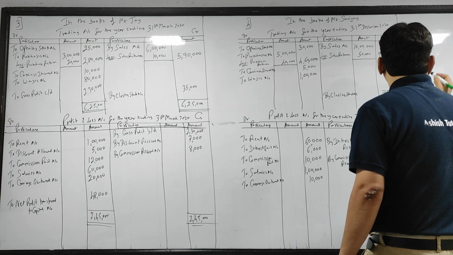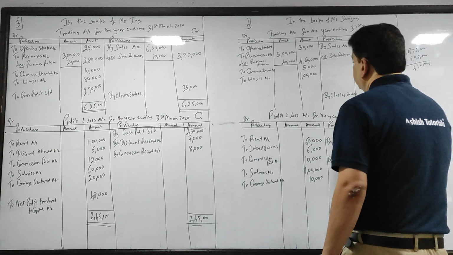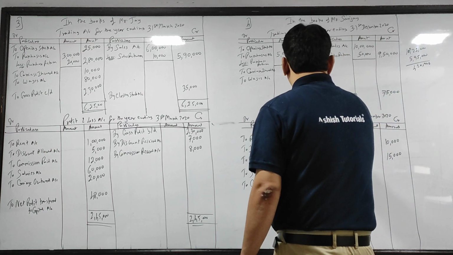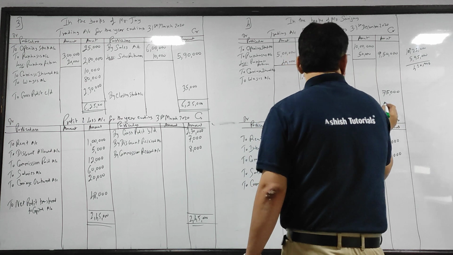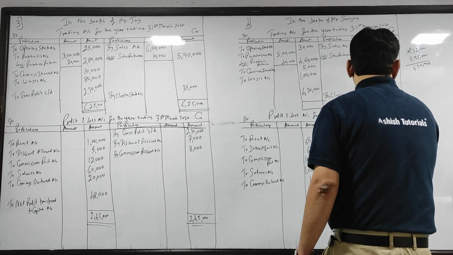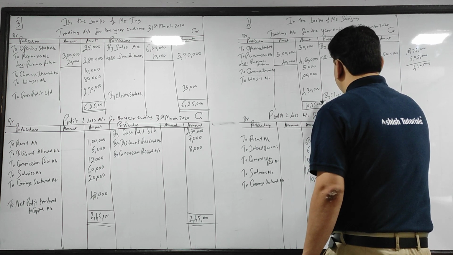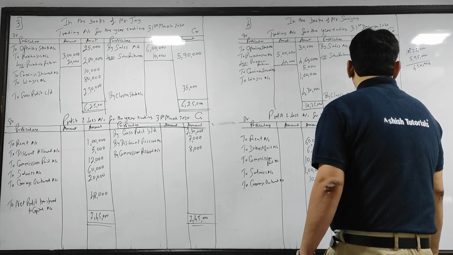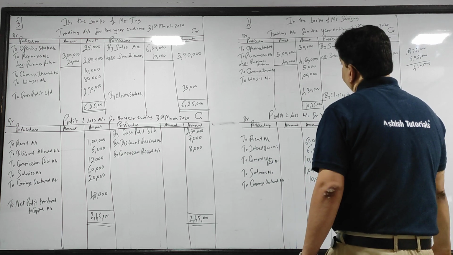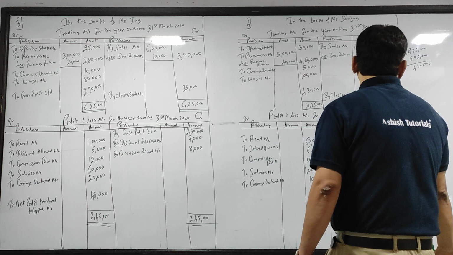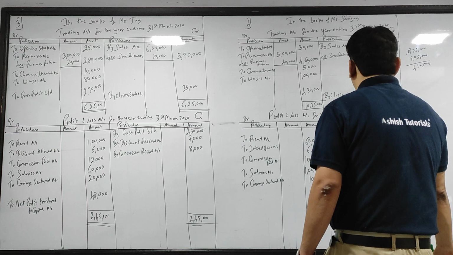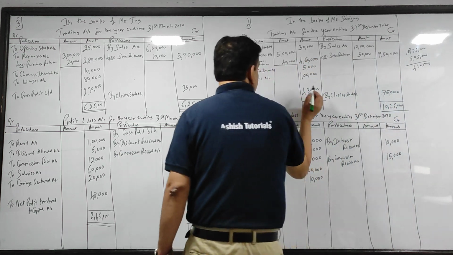So the difference is 430 and the total is 1020. Okay, let me check. 460, 560, 590, 595. Yeah, this is my gross profit.